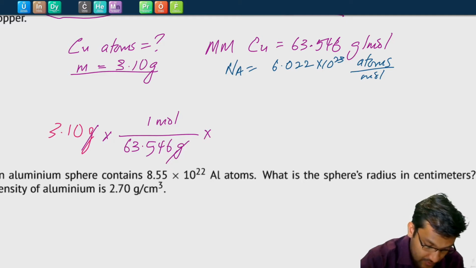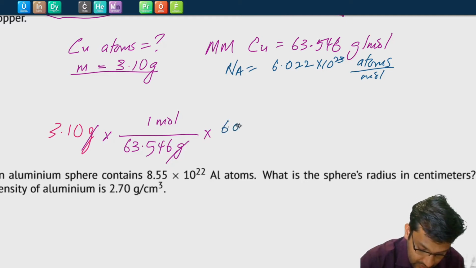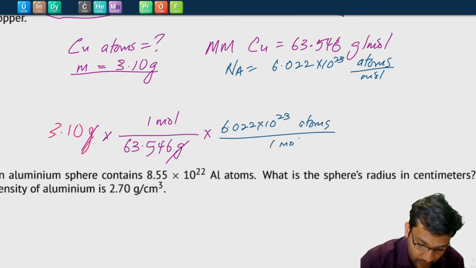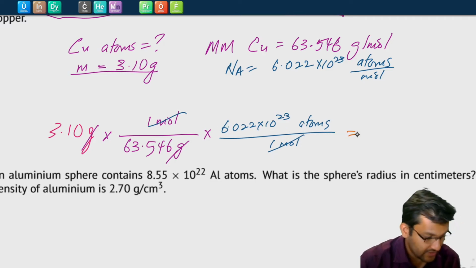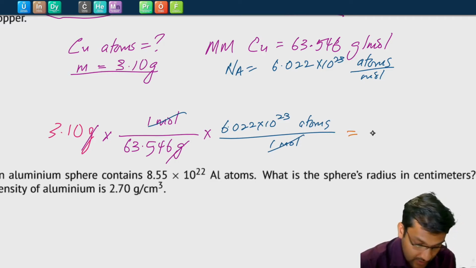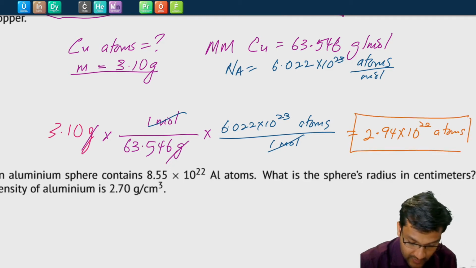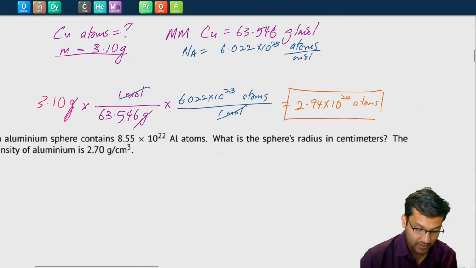So Avogadro's number is 6.022 by 10 to the 23rd atoms per 1 mole. And so our answer comes out to be, if you punch all of these in your calculator, 2.94 by 10 to the 22nd atoms. Again, a large number of atoms, which makes sense for a copper penny.